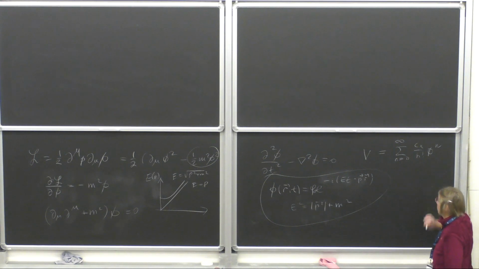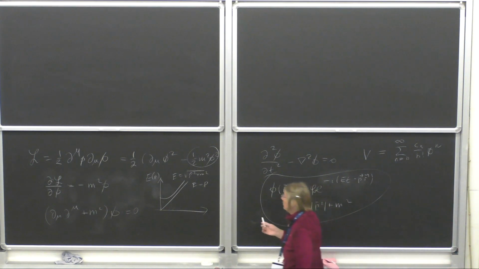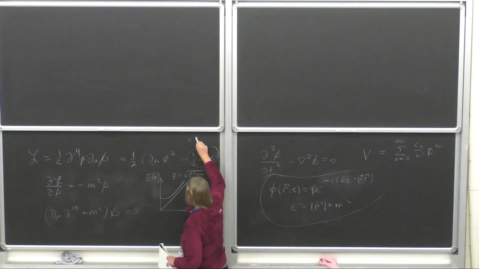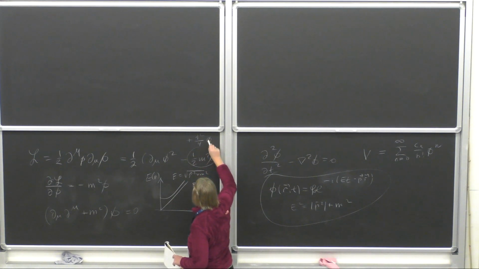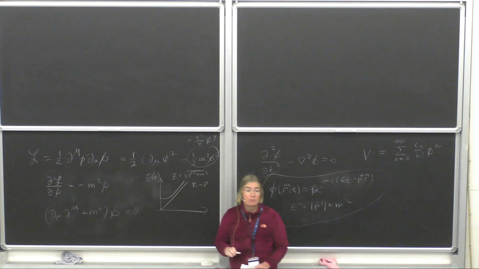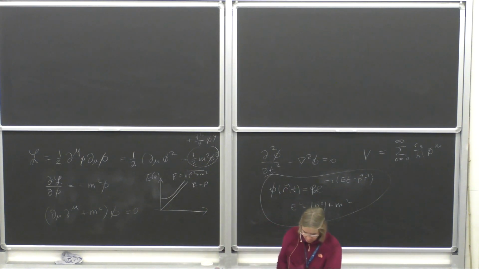So you can add a term, lambda squared over 4, phi to the fourth, and it's nice to stop there, because at that point your theory is still renormalizable. You can demonstrate this. It's actually demonstrated in the book if you're interested in doing that particular exercise. So this is one other possibility. This is the simplest extension to the field.